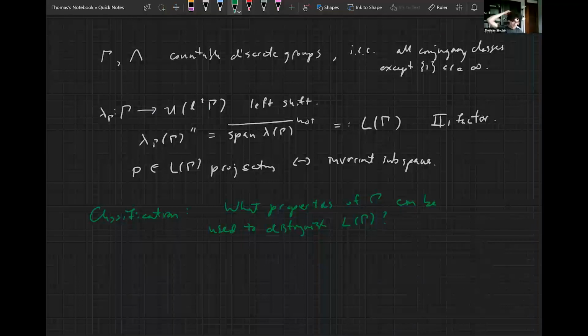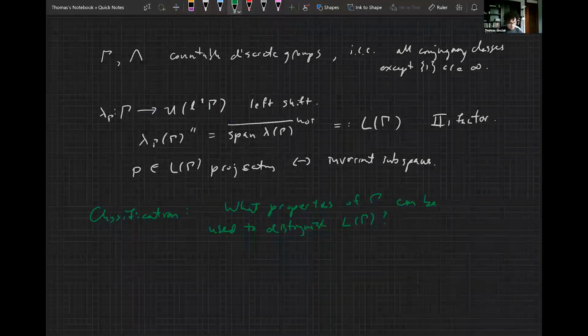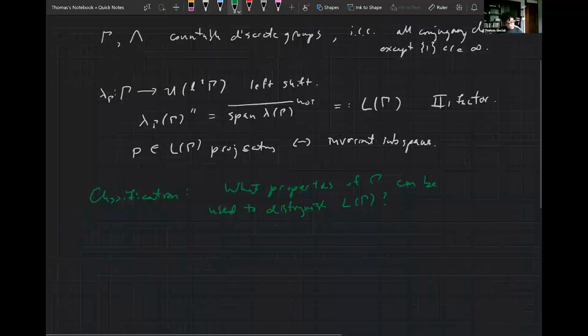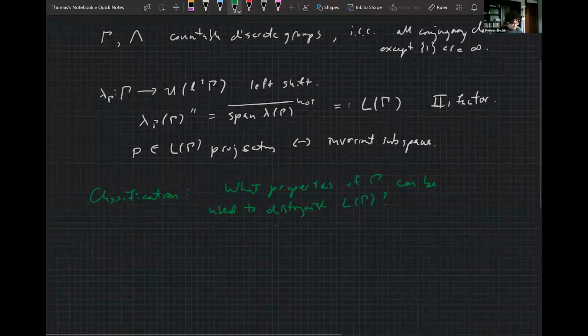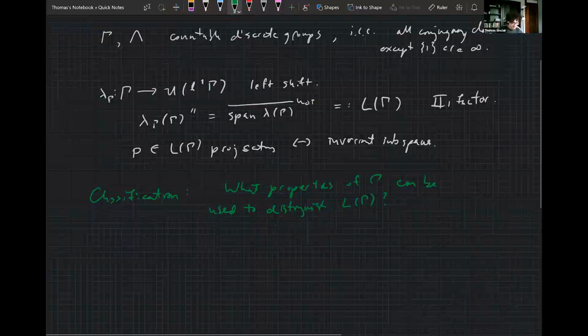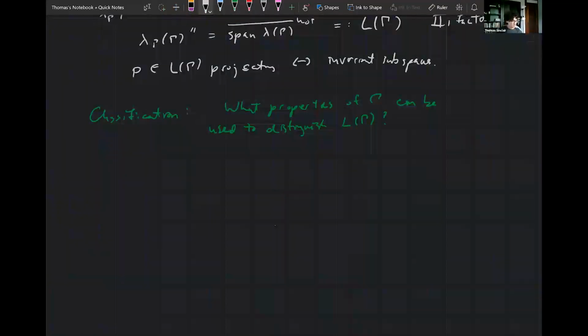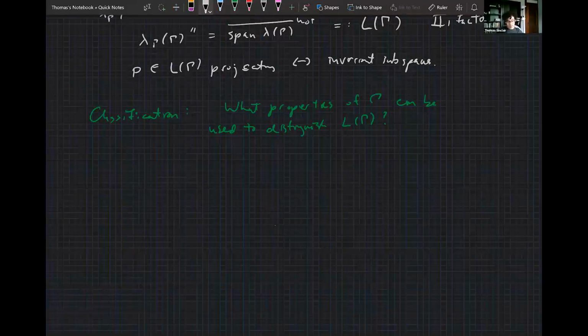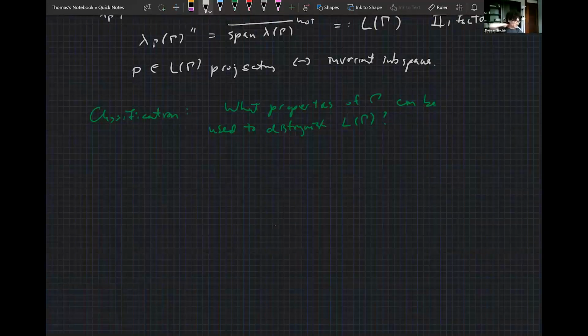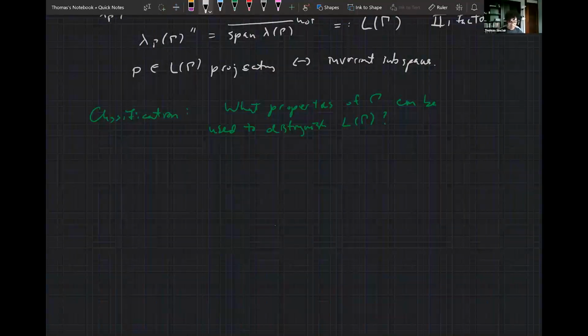Of course, there are several properties, and some of them have been discussed already. Amenability has strong structural consequences by the work of Connes. There's property T, there's property gamma of Murray and von Neumann. Those are just on-off things. You either have them or you don't.